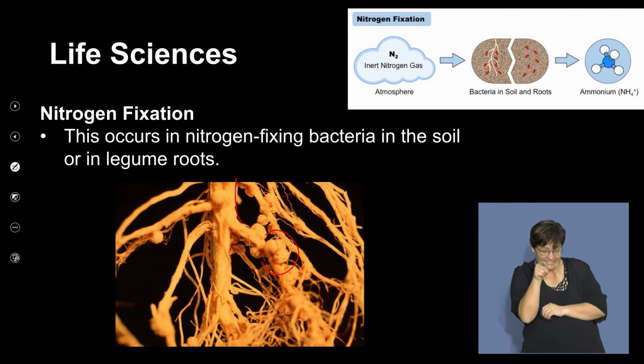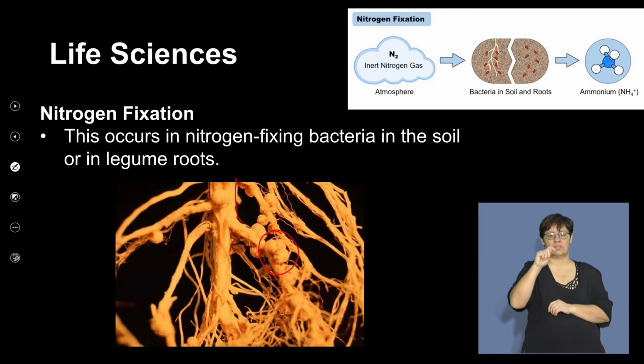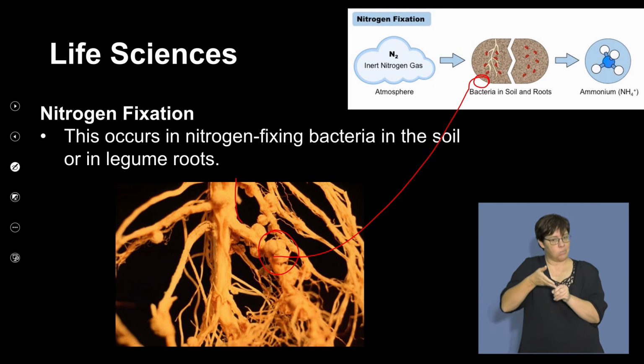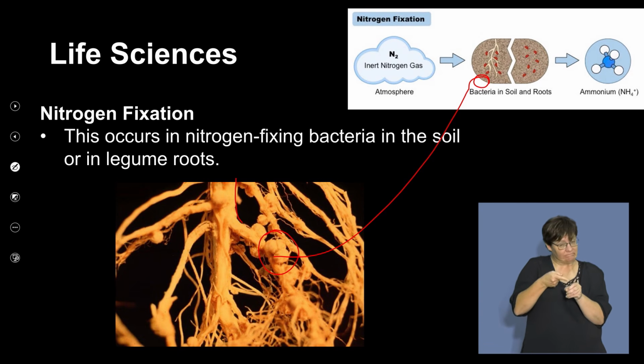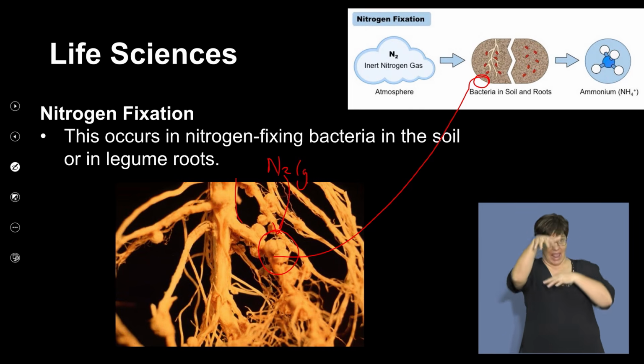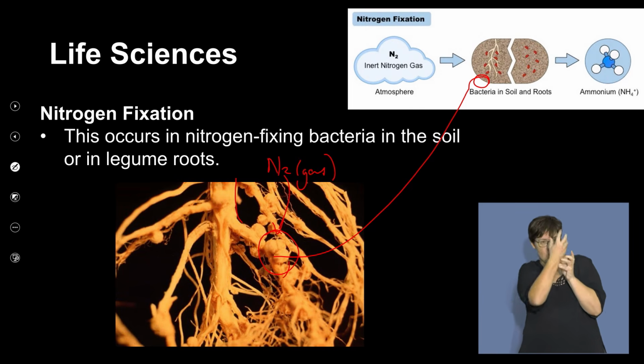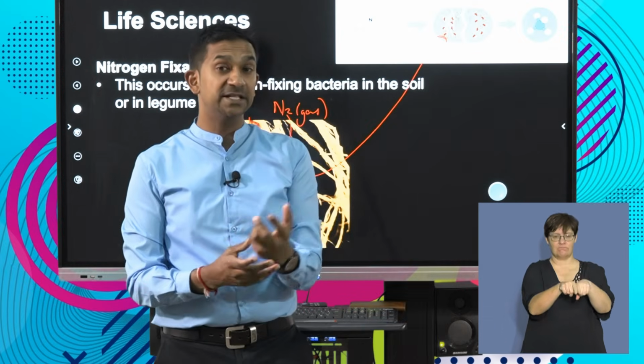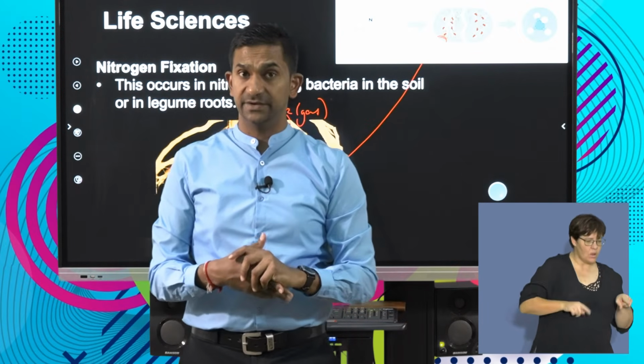As I mentioned, here's the root of a leguminous plant. Again, these swellings are called root nodules, and within these root nodules you will find there are bacteria present. And these bacteria are able to take in the nitrogen from the atmosphere as a gas, and they're able to fix that, and that nitrogen is available. This association we refer to as a symbiotic relationship, because the plants benefit from housing these bacteria in the root nodules.